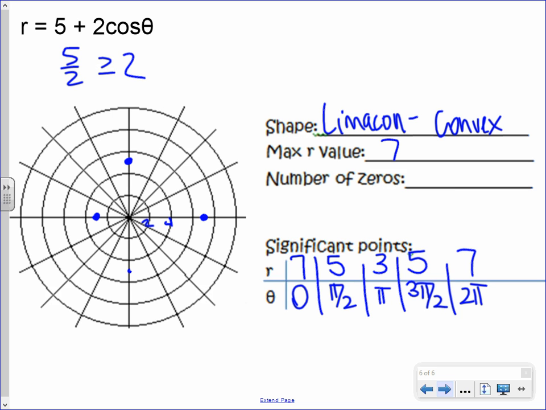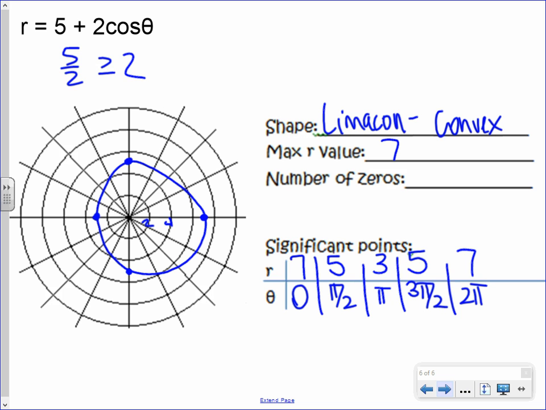You notice how I labeled that I was counting by 2s? Please do that on yours if you decide to count by a number other than 1. Otherwise, I don't know what's going on, okay? I'm always going to assume 1 unless you label it otherwise. Now, our convex limacon, it's circle-ish, but it's kind of flat here almost.